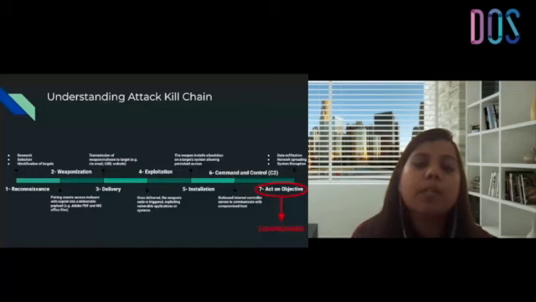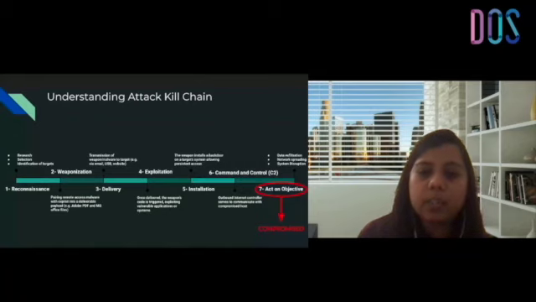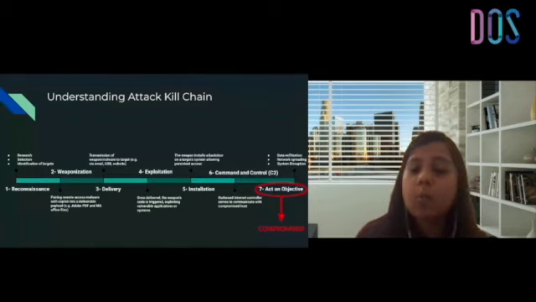In this case, if it was a PDF, you opened the link, downloaded the PDF, opened it, and the code embedded inside the PDF starts running, doing whatever it's intended to do. Then in the next step, installation, it installs a backdoor on your system. Which takes us to part 6, which is command and control.